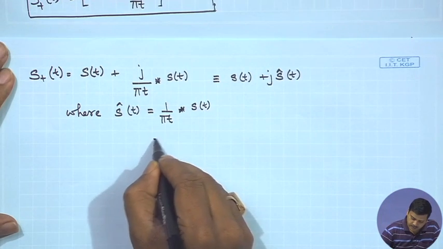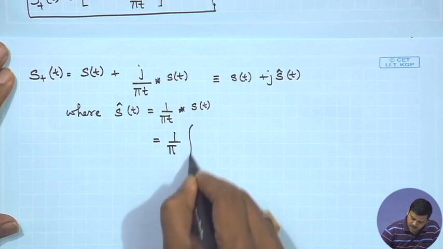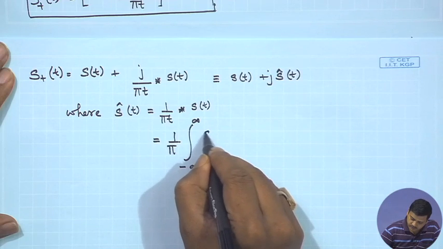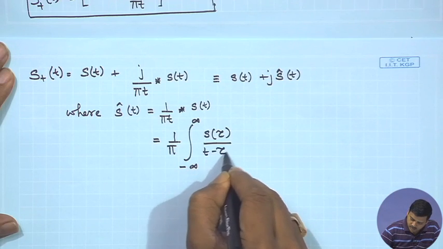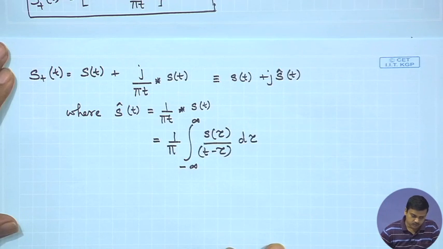that you could write as 1 upon pi, because pi is a constant, integral from minus infinity to infinity of S of tau, 1 upon t minus tau, d tau.